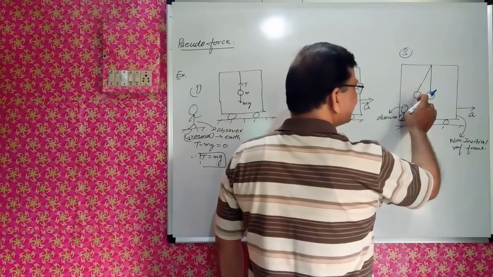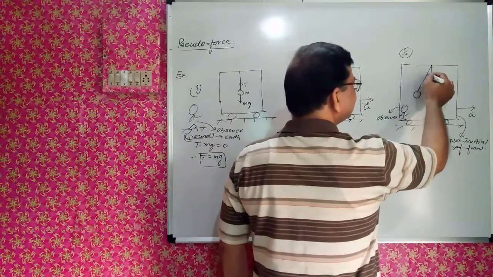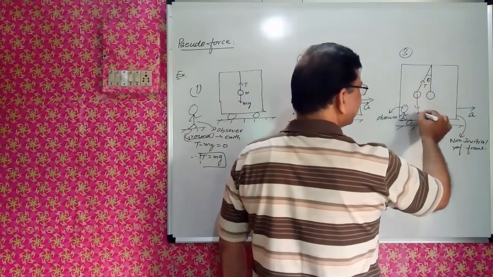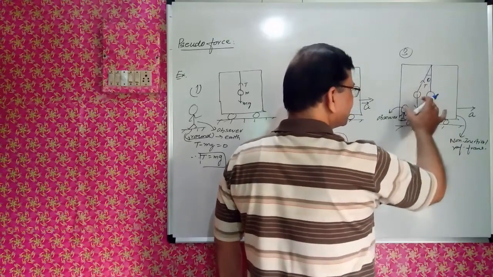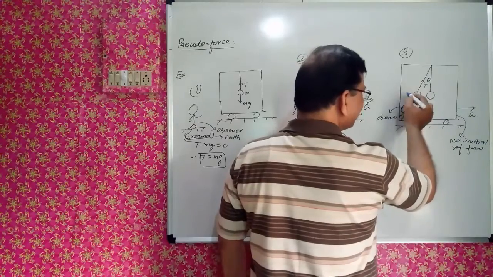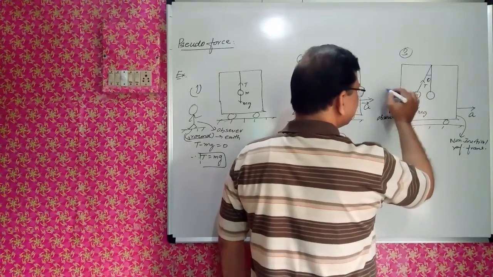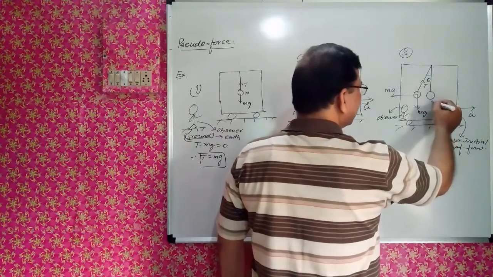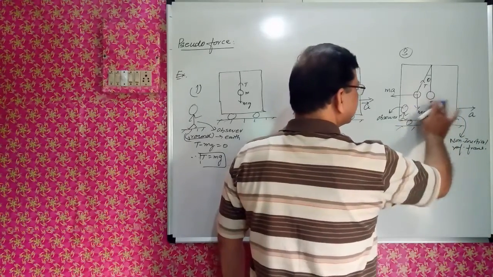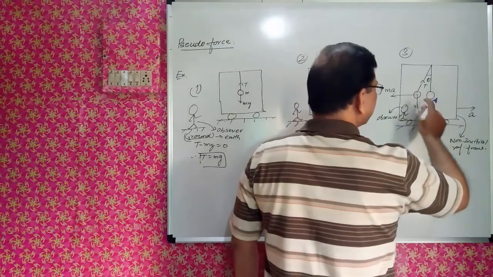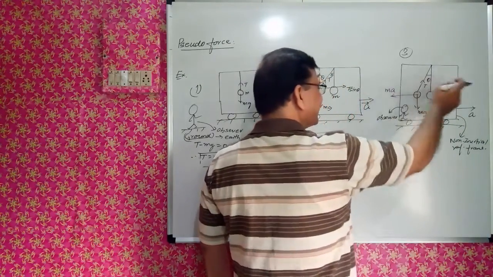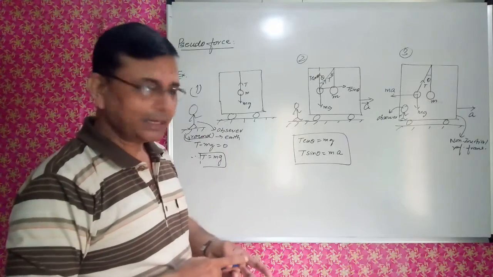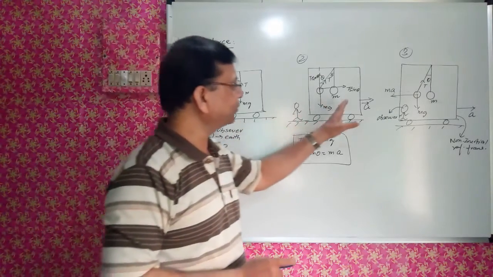When it is at rest, all the forces should balance. This is tension T, and mg is acting downward. So to balance the forces, a pseudo force will act in the opposite direction, that is ma, opposite to the acceleration. In the inertial frame, what is the net force acting?